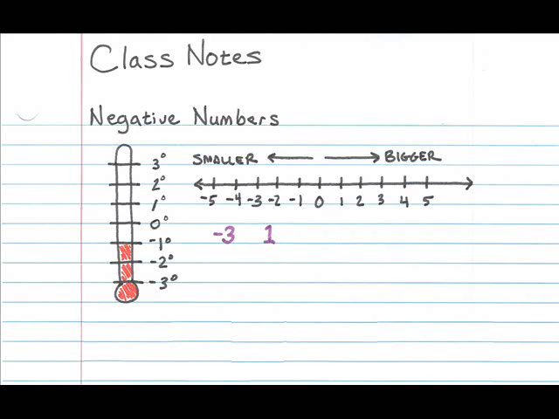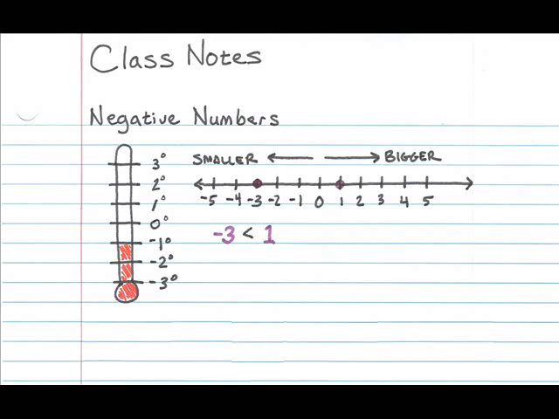Negative 3 appears on the number line here. 1 appears on the number line there. Now if you look, 1, although the number is smaller than 3, it's further to the right, which means it's a bigger number. Negative 3 is less than 1, so we can put a less than sign, because negative 3 is a smaller number.